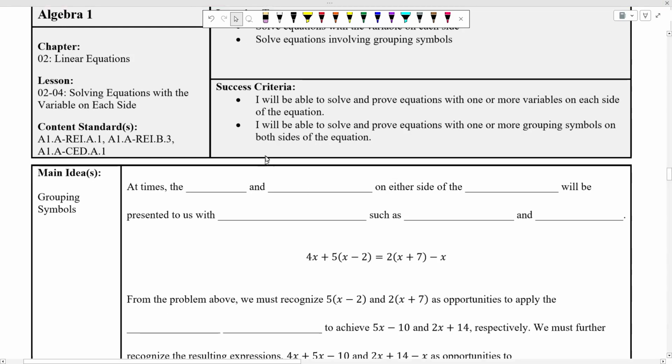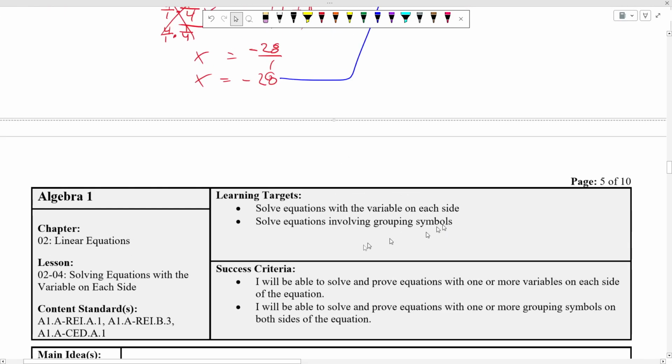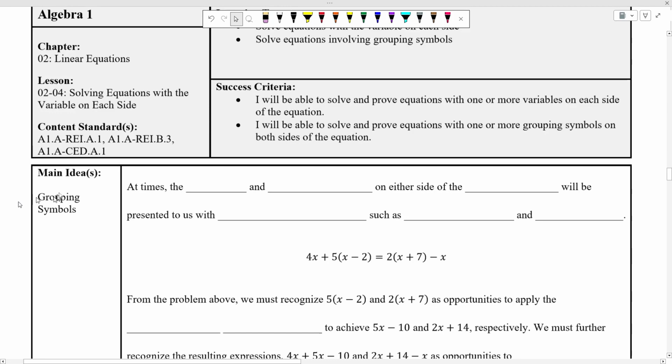Let's press on. Let's talk about the idea. Remember, we were going to solve equations with variables on each side. Now we're going to do so when they involve grouping symbols. So, to basically get us going here, there are at times terms and expressions on either side of the equation that will be presented to us with grouping symbols.